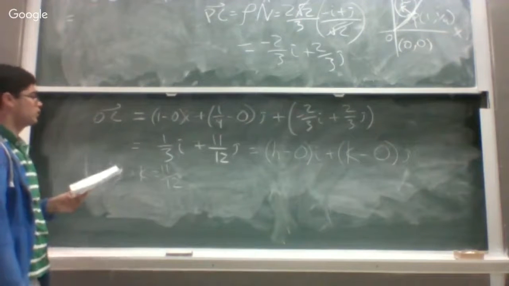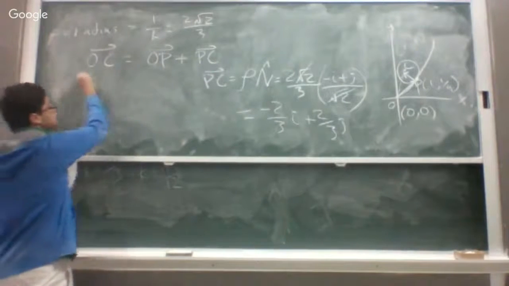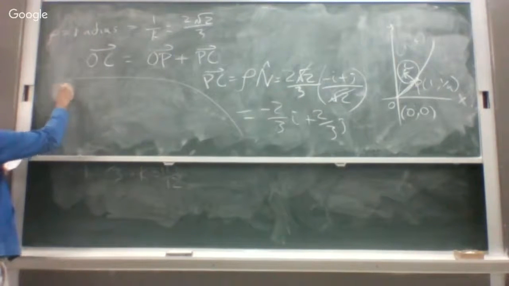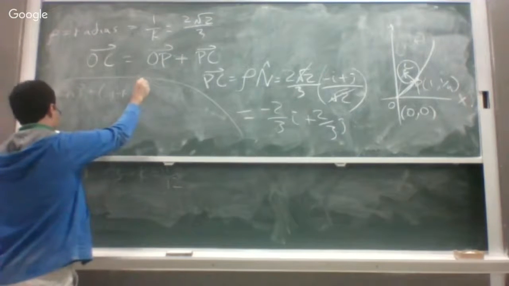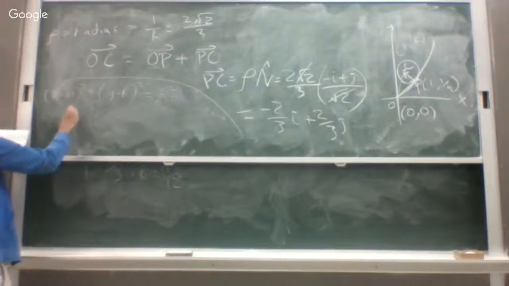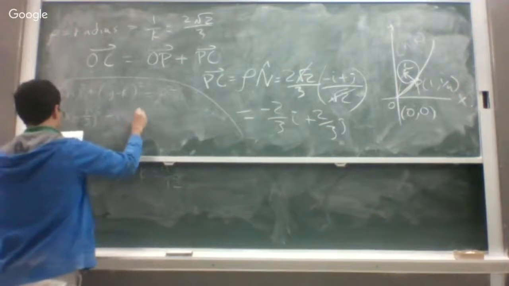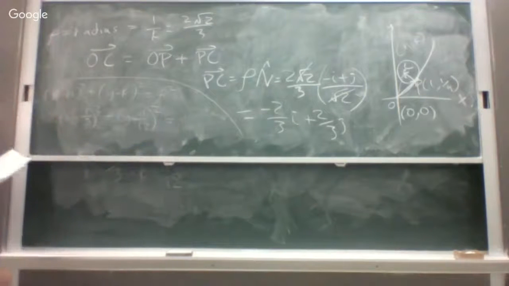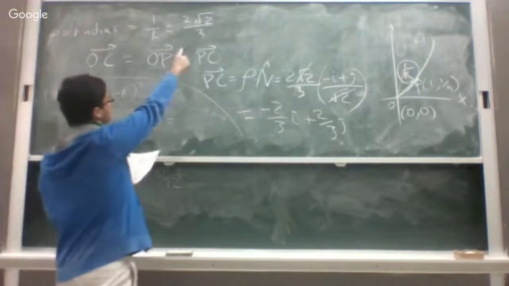The equation of a circle, all right, is (x minus h) squared plus (y minus k) squared equal to rho squared. So in this case, we'll have (x minus 1/3) squared plus (y minus 11/12) squared equal to rho squared, where rho is 2√2/3.